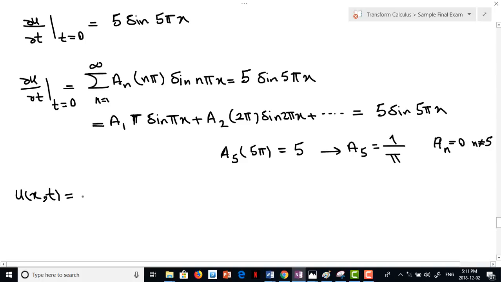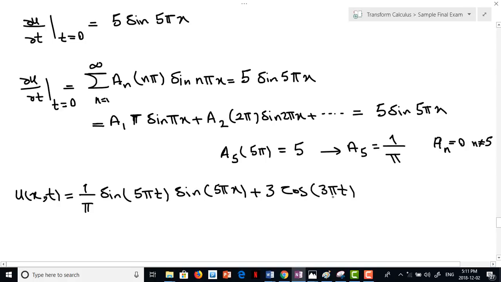So u of x and t is equal to 1 over pi sine 5 pi t sine 5 pi x, plus 3 cosine 3 pi t sine 3 pi x, minus half cosine 7 pi t sine 7 pi x.